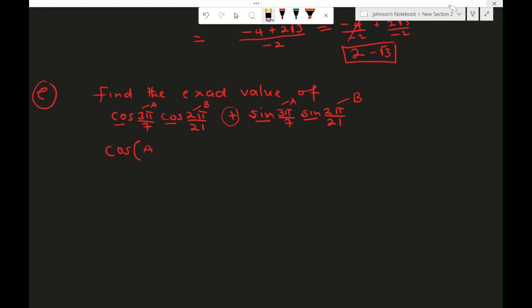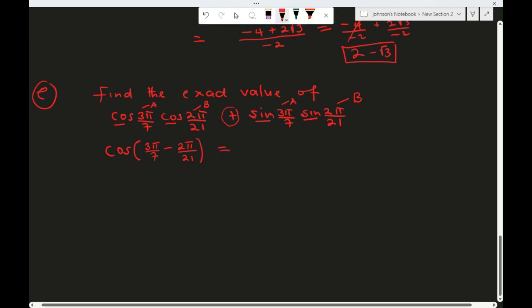But what is our A? Our A is 3 pi by 7, while B is 2 pi by 21. If you want to be sure, try to expand this and see.